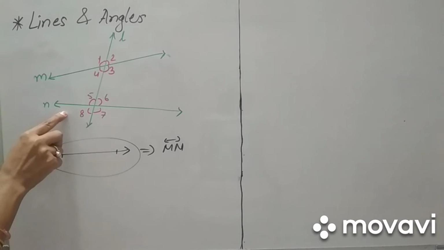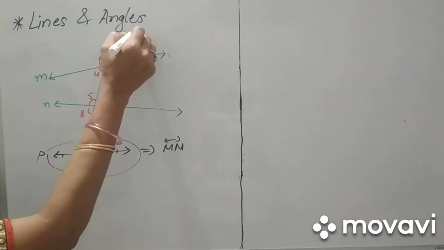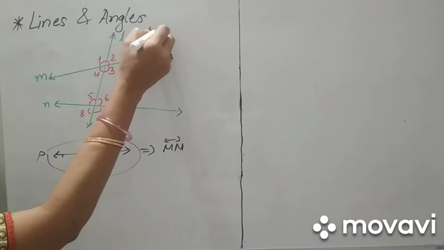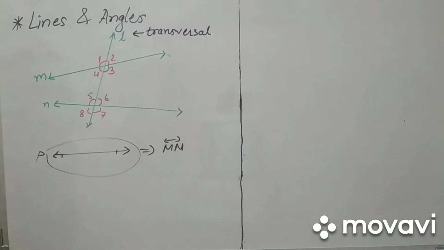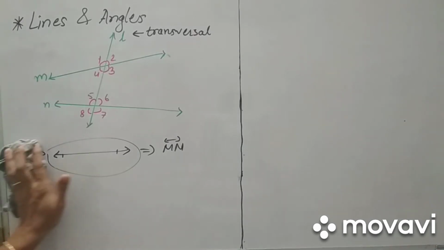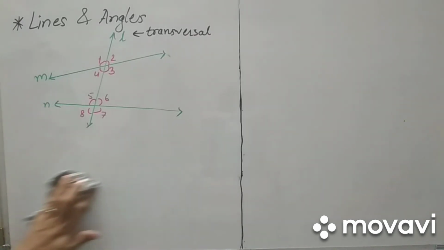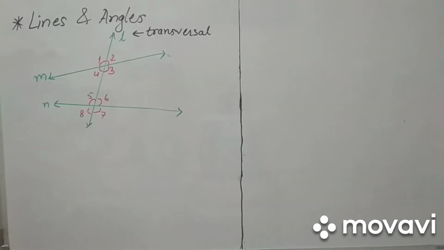These two lines are facing each other and line l is known as a transversal. Transversal means passing through the two lines. The line which intersects two other lines is known as a transversal.